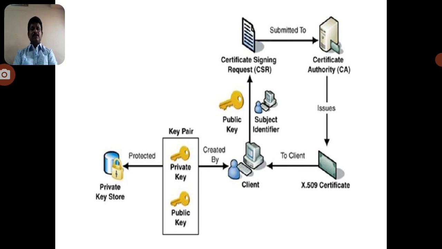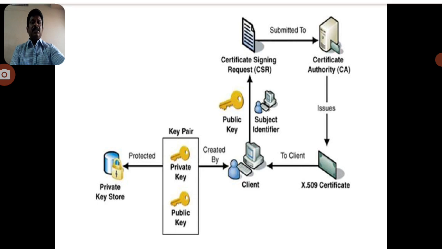Whatever request comes from the client is sent to the certification authority, which is processed by the administrator. Once that request is submitted, the certificate authority issues a certificate to the client directly. You can observe that this process is very specifically designed.